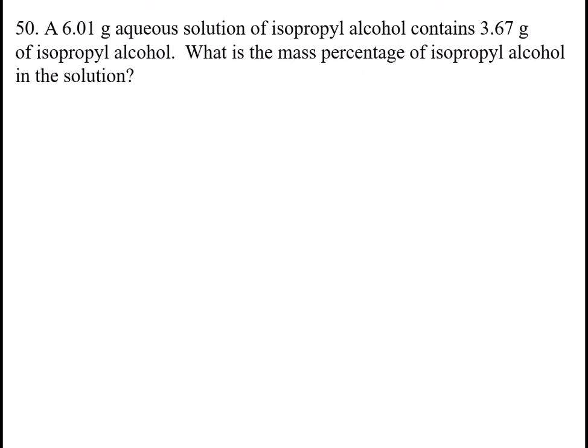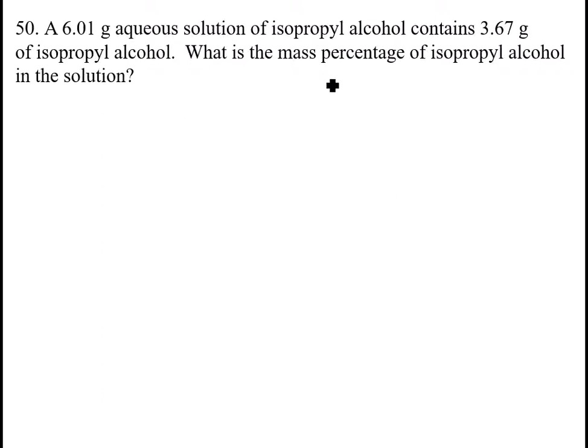Number 50 in the textbook says that a 6.01 gram aqueous solution, which just means it's a mixture in water, of isopropyl alcohol, which is also rubbing alcohol, contains 3.67 grams of isopropyl alcohol. What's the mass percent of isopropyl alcohol?